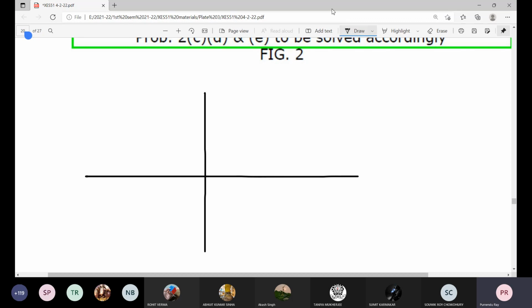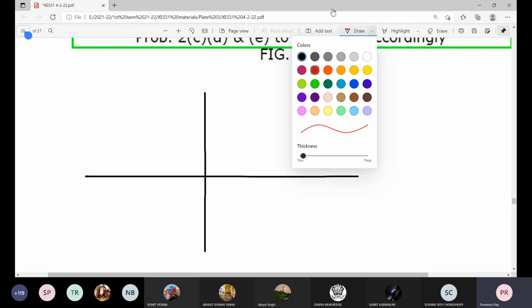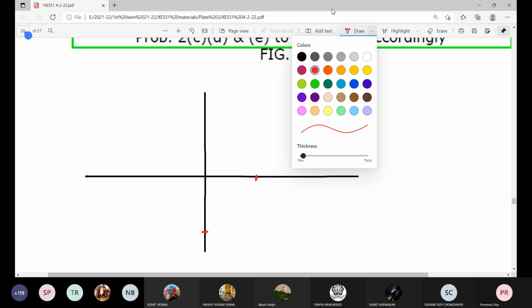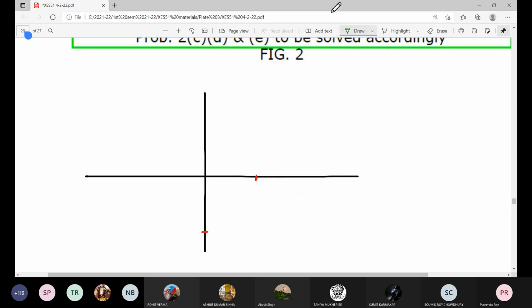So if this is the distance dv to be located here, one method is this quarter circular arc.